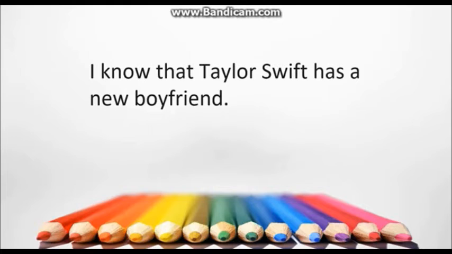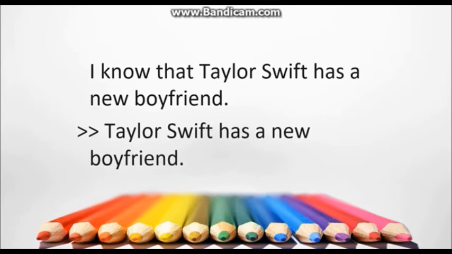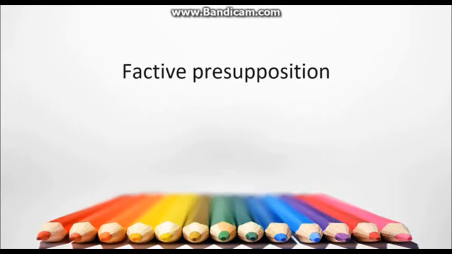I know that Taylor Swift has a new boyfriend. And the presupposition of it is Taylor Swift has a new boyfriend. So what type of presupposition do you think it is? That's right, that is factive presupposition.